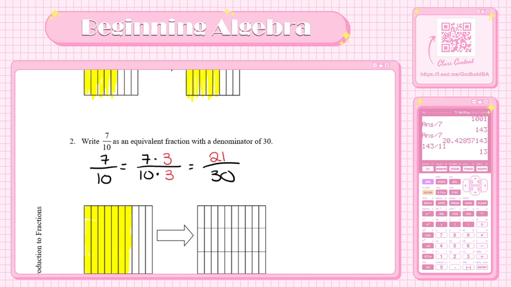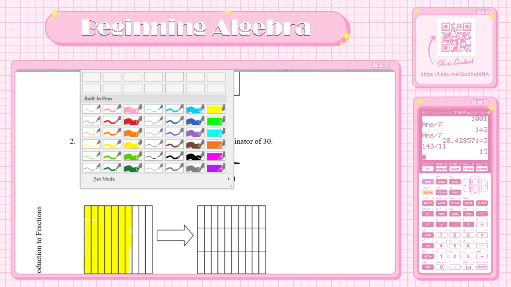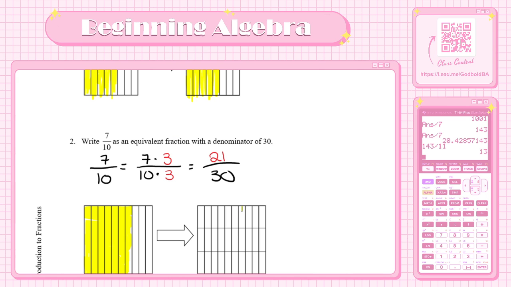So for 1, I need 3. And I also needed to do it for all 10 of the pieces. So I am going to highlight the same equivalent piece. And you'll notice all I did was cut them into 3.